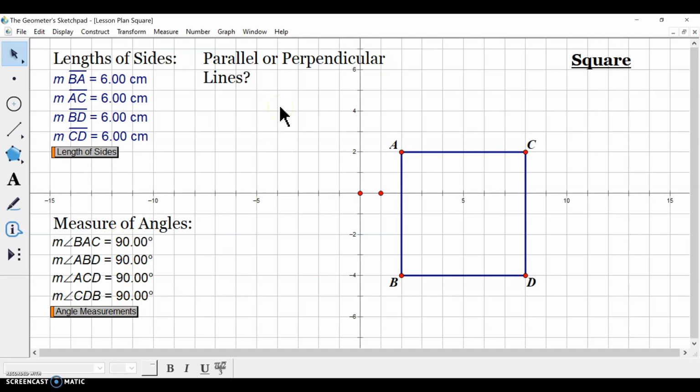So similar to our rectangle, we have two sets of parallel lines, and all lines are perpendicular, meaning that each vertex is made up of two perpendicular lines. So each angle is made up of two perpendicular lines.